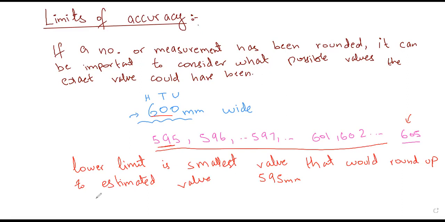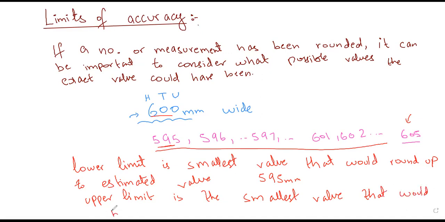And similarly, if I talk about the upper limit, it would be the smallest value that would be rounded up to the next estimated value, right? Let me write it down.